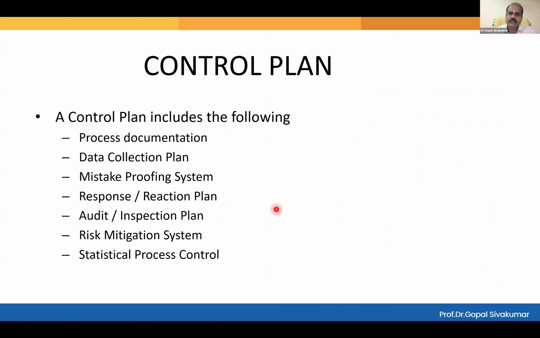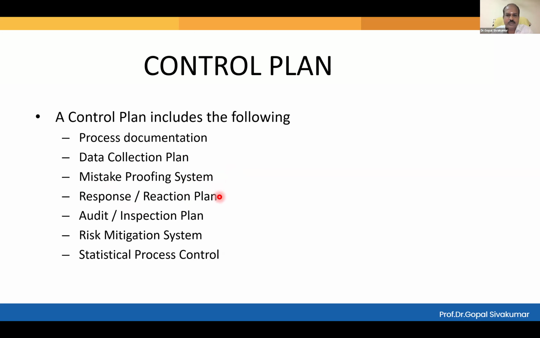So a control plan should typically include the process documents, data collection plan. This is where people struggle. And wherever possible, create some mistake proofing, fool proofing system, and a response reaction plan. If a point falls outside the control limit, what are they supposed to do? Because you have come across a similar scenario. If it falls on the right side, if it falls on the left side, to the best of your ability, you write.